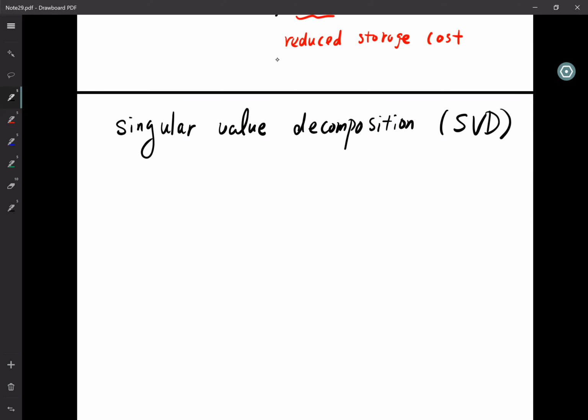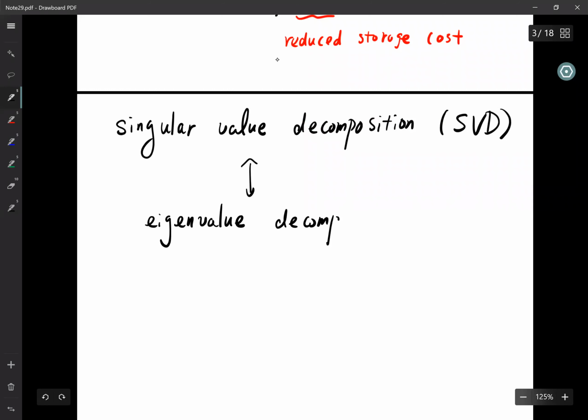Naturally, we would like to compare singular value decomposition, which is to be introduced, with something we have already learned, that is the eigenvalue decomposition.